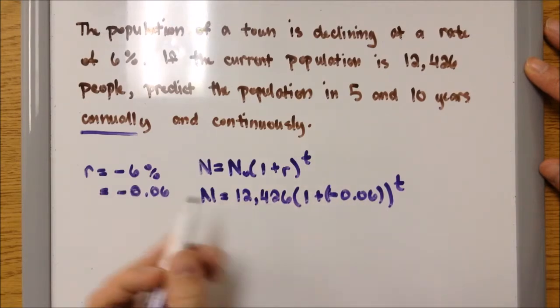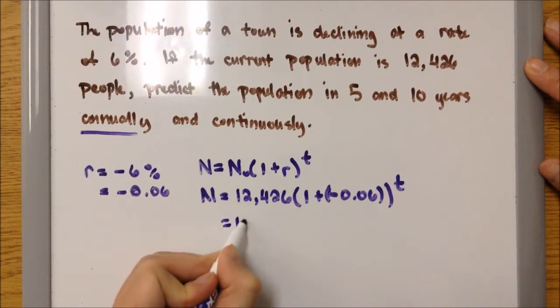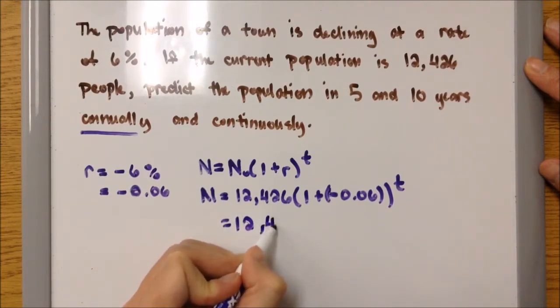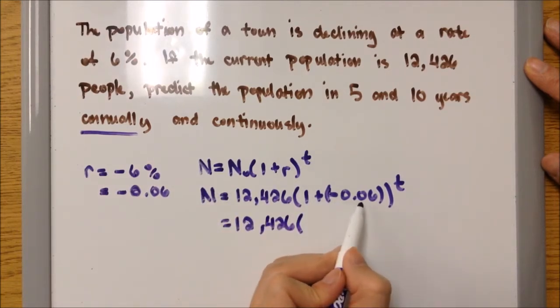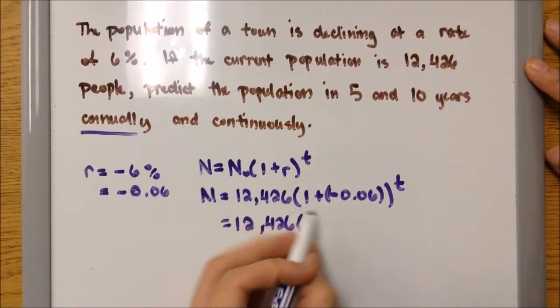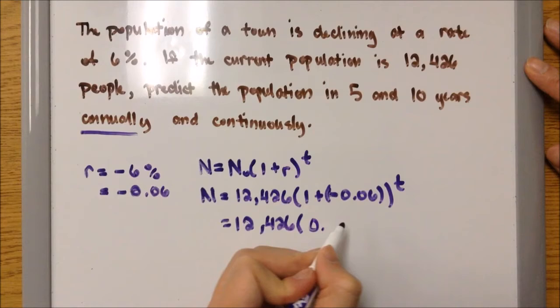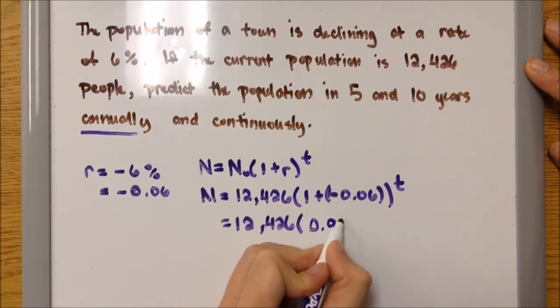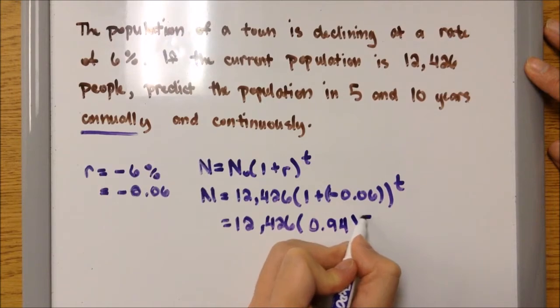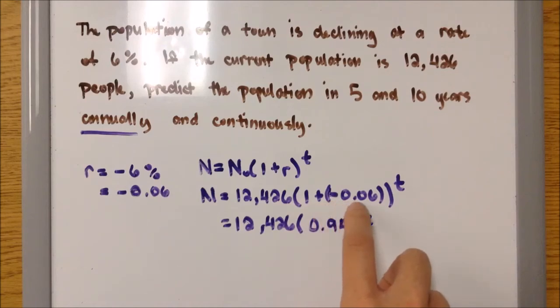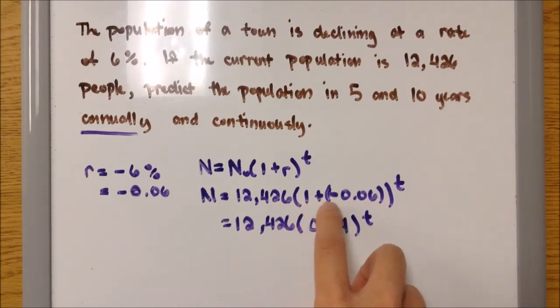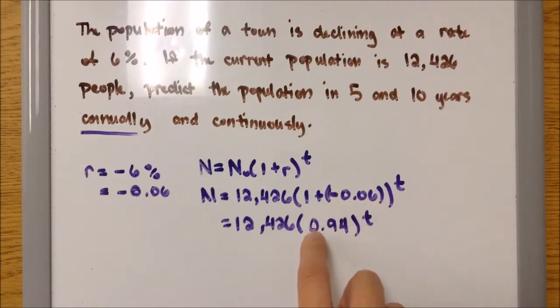If I were to simplify this, 12,426 times, 1 plus negative 0.06 is going to be 0.94 to the power of time, or t. 1 plus negative 0.06 is basically 1 minus 0.06, which is 0.94.